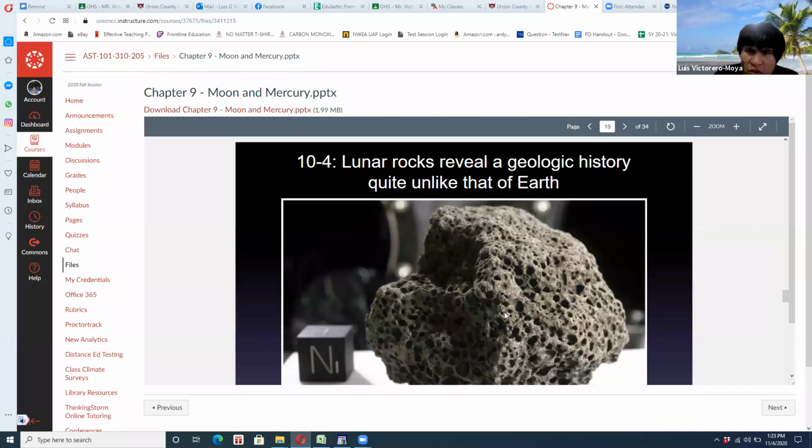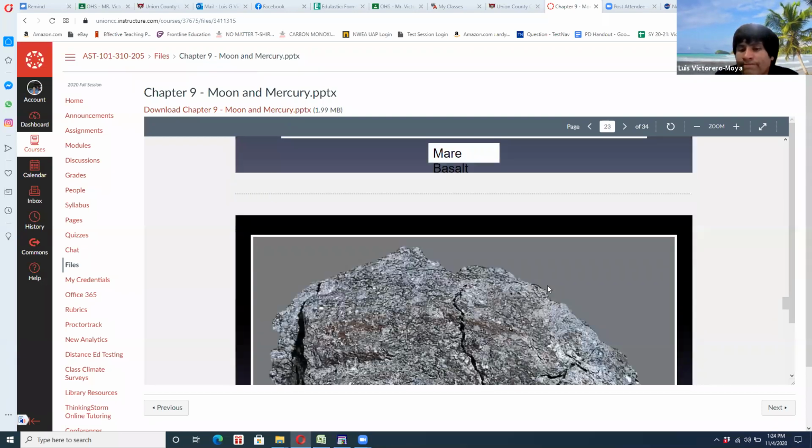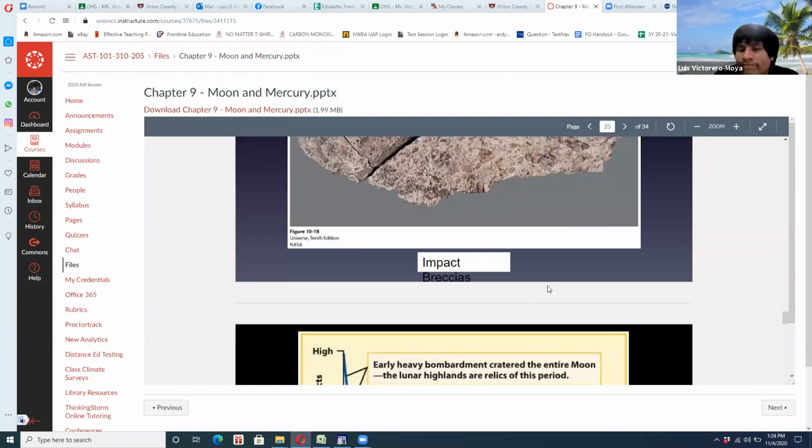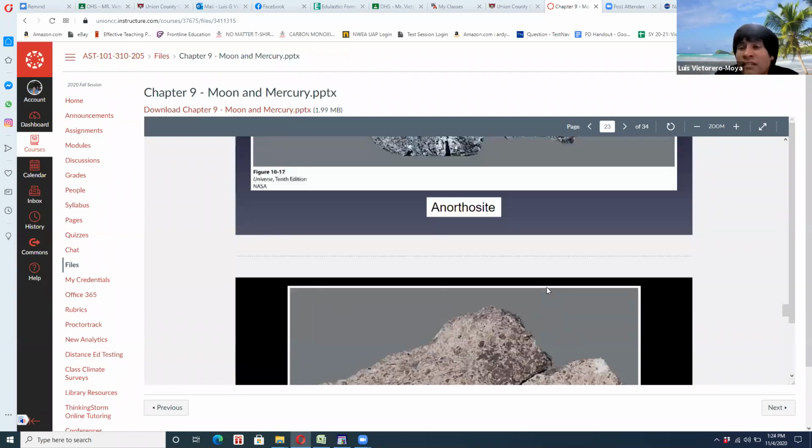Look at the lunar geology. Lunar rocks reveal geologic history quite unlike that of Earth. But you know what? We have also discovered that the geology of the rocks of the moon is not very dissimilar to that of the Earth. I mean, they don't have the same types of rocks.